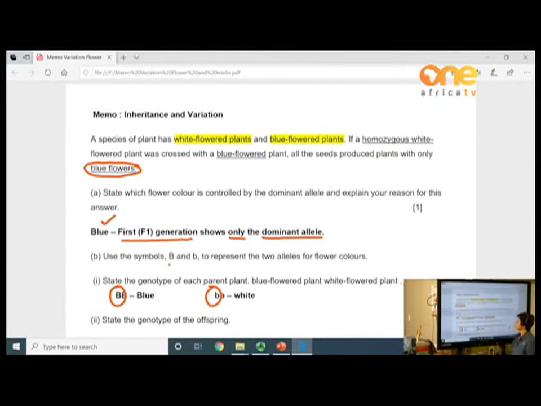That helps us to see that this flower color is controlled by the dominant allele blue. My explanation is the F1 generation all shows only the dominant allele, which is blue.